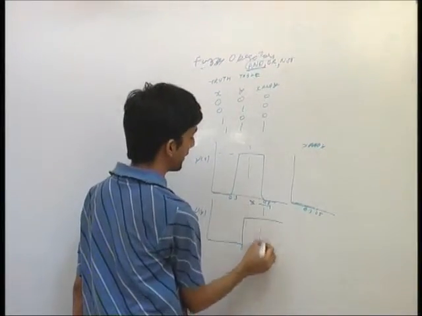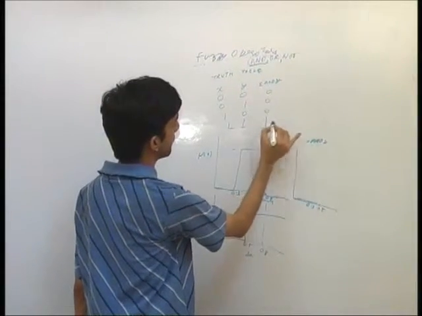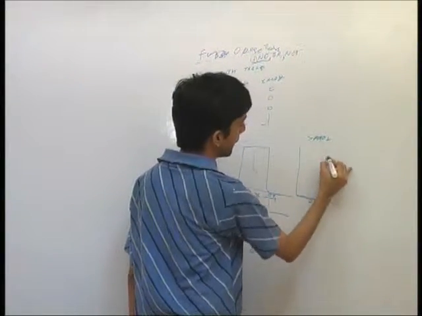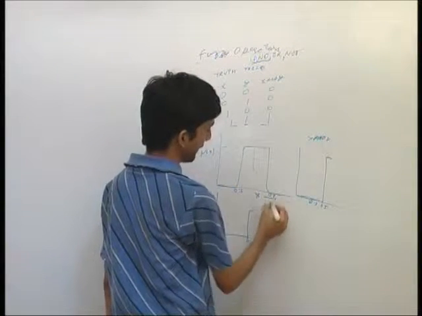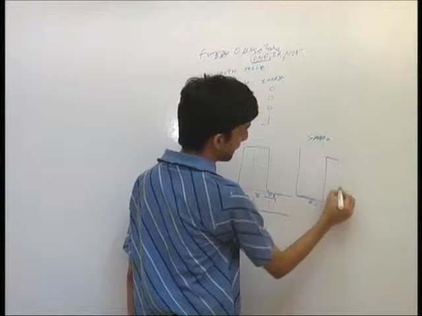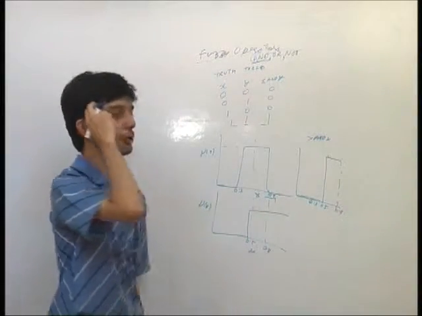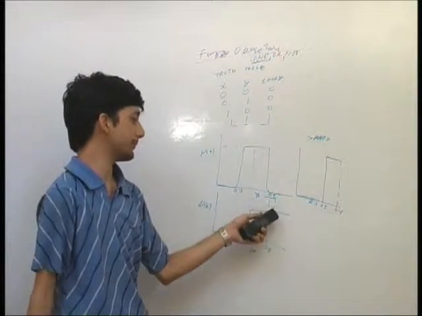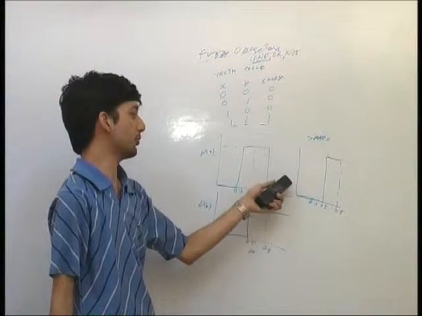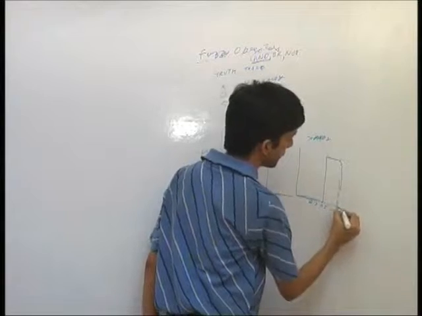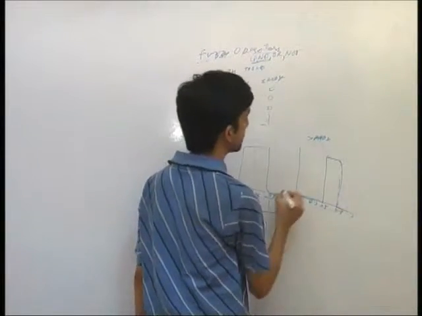This is 1 and this is 1. Now 1 and 1 is 1. So my value will be 1 over here. I go from 0.5 to 0.8 like this. I continue my journey from 0.8 over here. I go up, this is 0 and this is 1. Now 0 and 1 is nothing but 0. So this is the curve that I get.